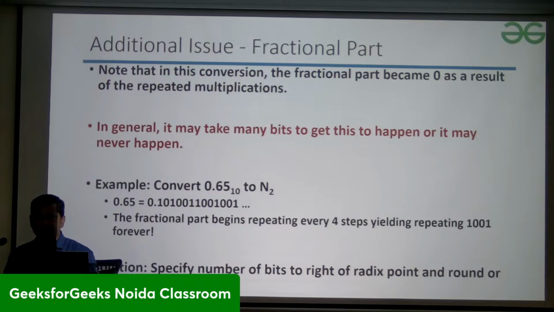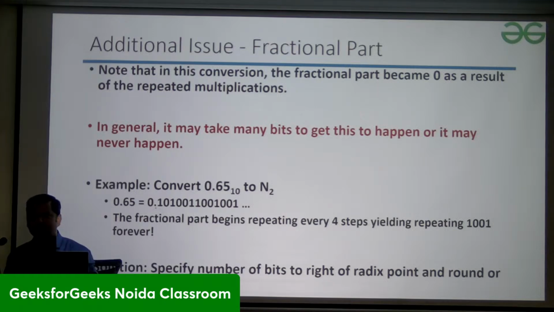Okay, so these are the concerns that we have already discussed corresponding to the fractional part. That fractional part is either terminated with 0, or it is not going to be terminated, or there is some repetition happening every time. Just look at this particular example, like 0.65 base 10 converted into base 2.